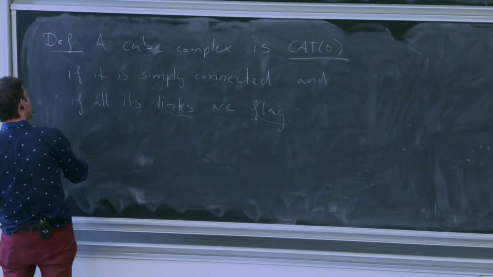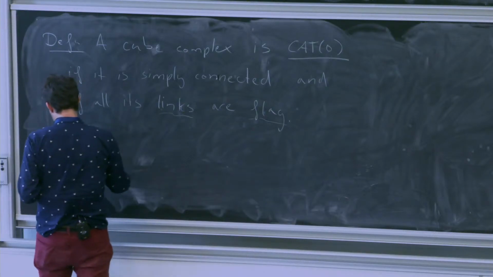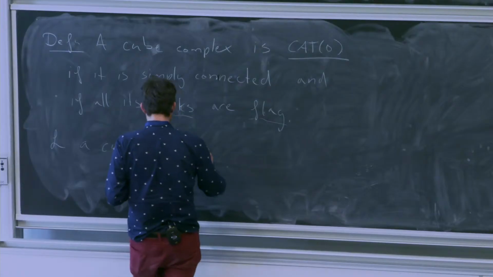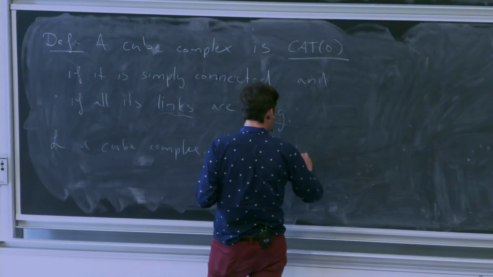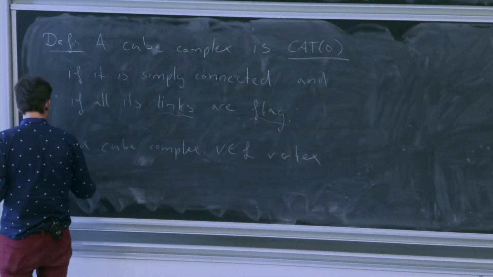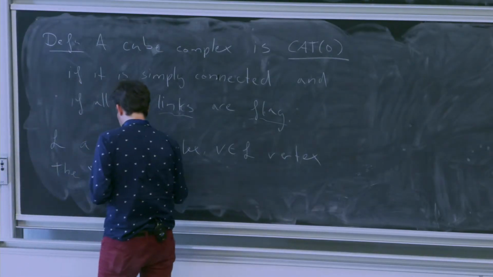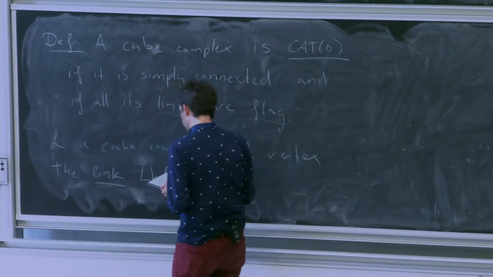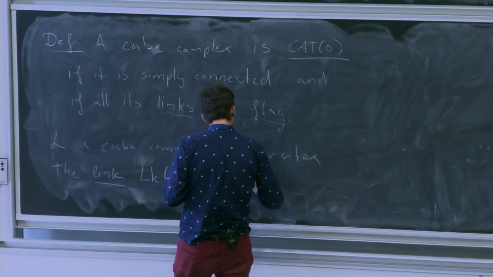So let's explain what this is. If L is a cube complex and we have a vertex, so a 0 cube in there, then we define the link of V. This is a simplicial complex.